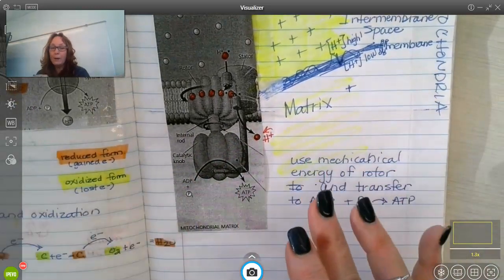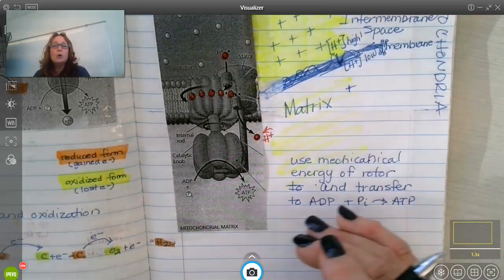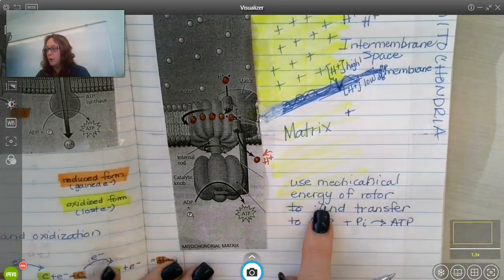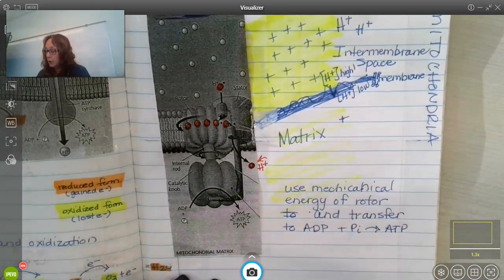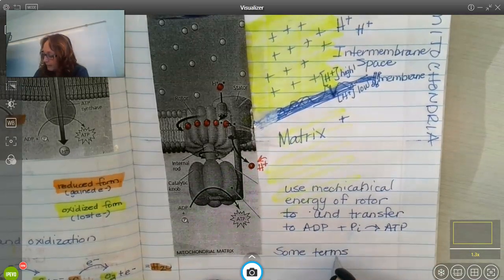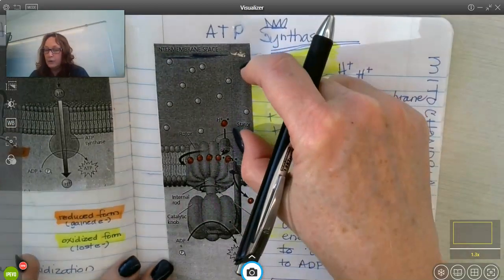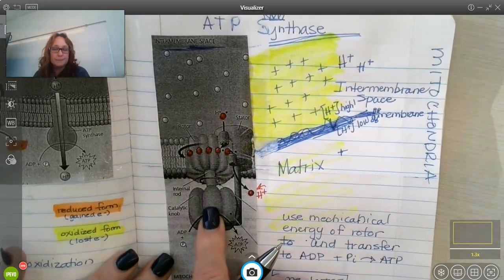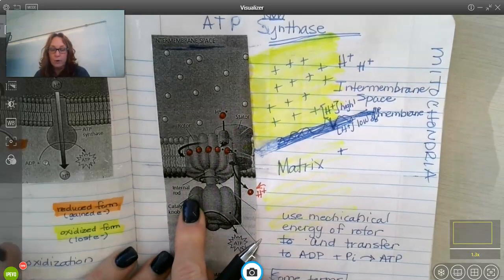So the way I wanted to do this, and the reason why I had this page, is there's words that they're going to use that you need to picture in your head. Okay, that's weird, but I know what that means. So here are some terms that are going to be associated with this process of using a gradient, this mechanical energy to chemical energy converter.